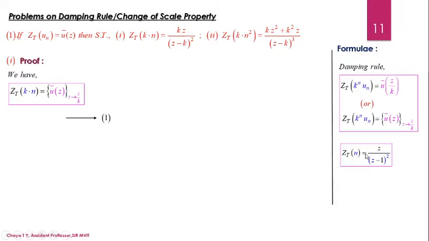So the Z transformation of n is z by (z minus 1) whole square. I have to substitute this for the RHS term and replace z by z divided by k. We denote this as u bar of z for the proof of the first expression. Then substitute the same into equation 1.